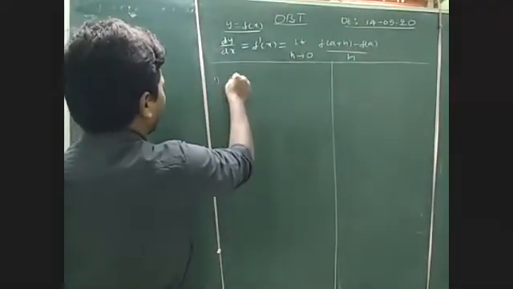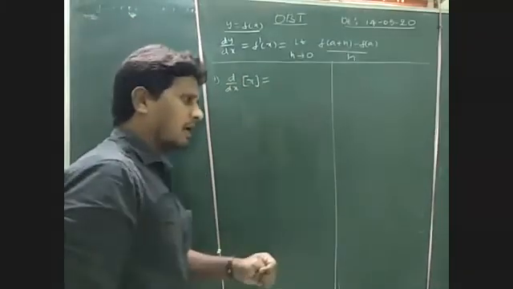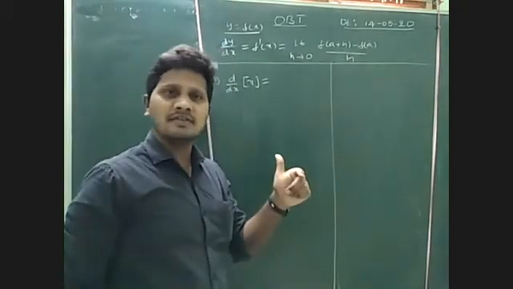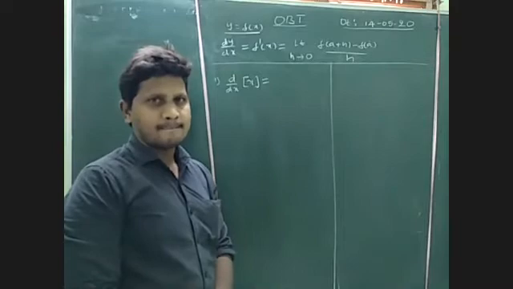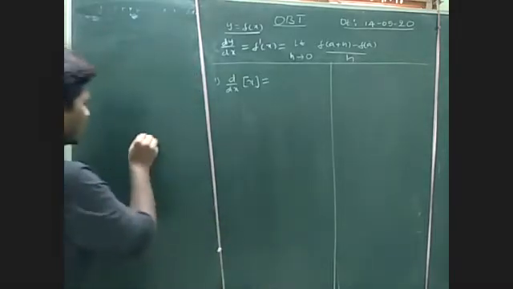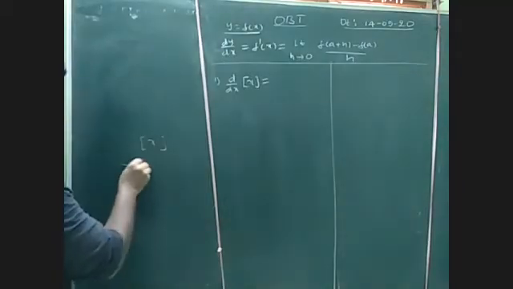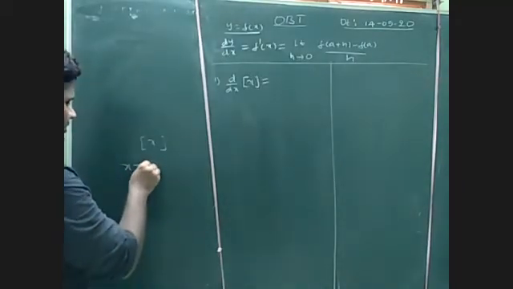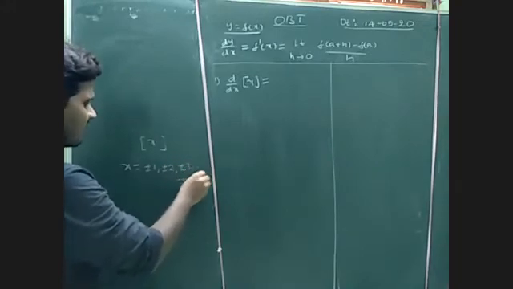Like what is the derivative of d by dx of [x]? The derivative of the function x is 1. What is the derivative of [x]? The step function is continuous except at integers, and integers means plus or minus 1, plus or minus 2, plus or minus 3 up to plus or minus infinity.